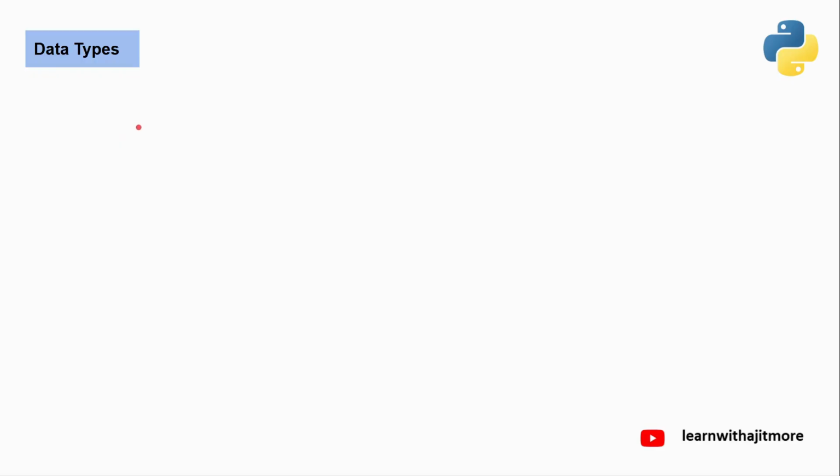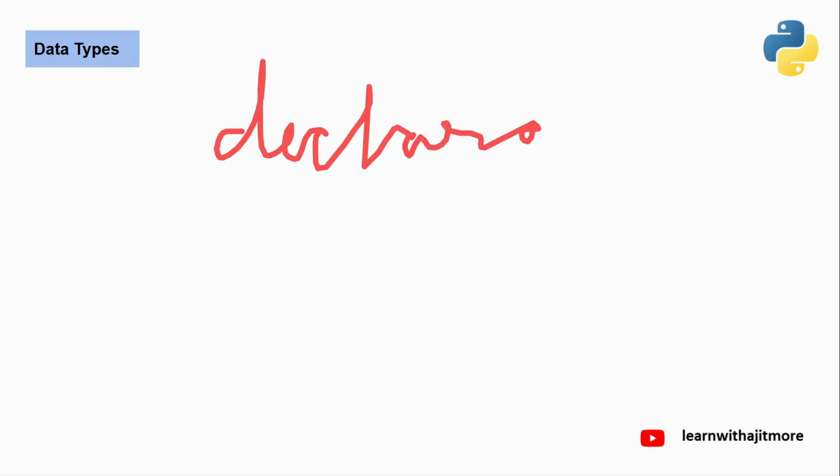Now, first remember that Python is a dynamic type language. Even in the first lecture, we discussed that Python is a dynamic type language, meaning in Python, there is no concept of declaration of variables. There is no declaration mechanism as we have in static type languages. In strict type and static type languages like Java or C++, you cannot use any variable directly.